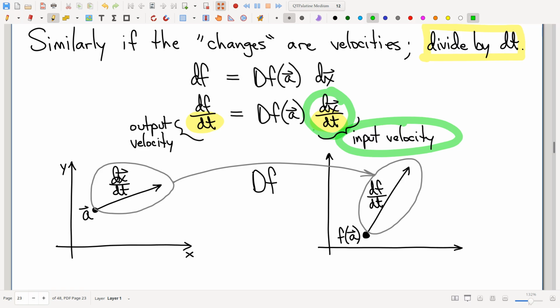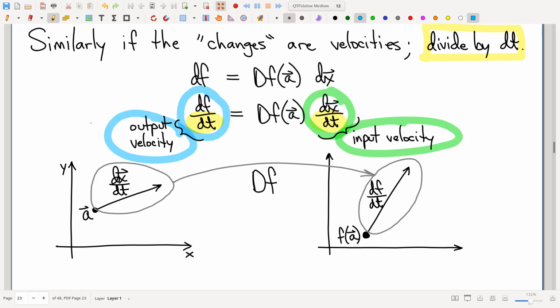I hope you all remember that from single variable calculus. One of the really nice applications of calculus to physics. Derivative of position is velocity. Likewise, then, on the other side, derivative of the output position is the output velocity.